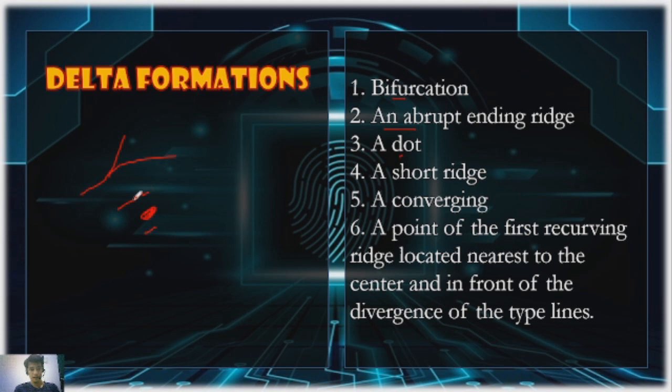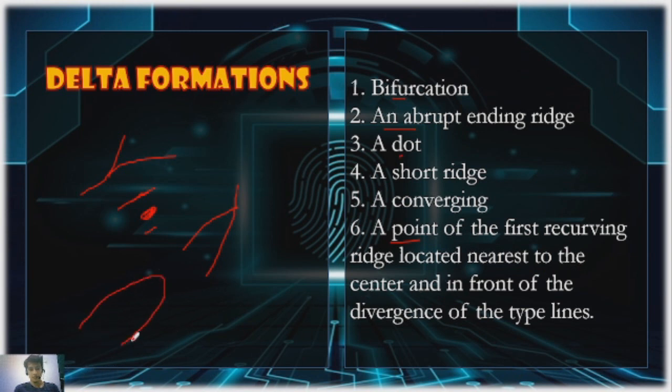So abrupt ending ridge is a little bit longer than the short ridge. And with that, a converging ridge. So two ridges forming or meeting in a certain point, okay, or the meeting point of two ridges. And with that, a point of the first recurving ridge located nearest to the center.